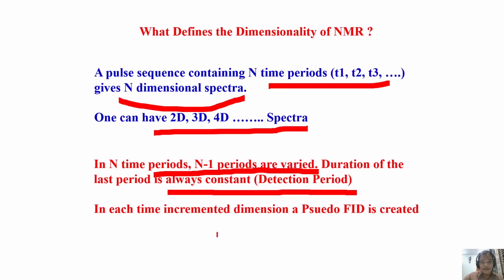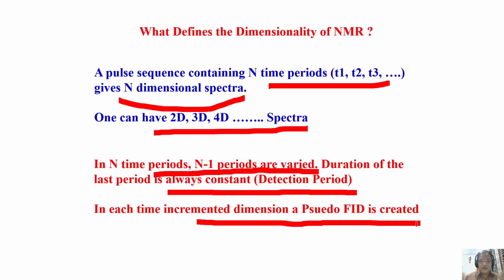And for each time period we have to increment the data to create a pseudo FID. Exactly what we did in the 2D I showed you. The free induction decay was created by systematically incrementing the T1 points. That is a pseudo FID.